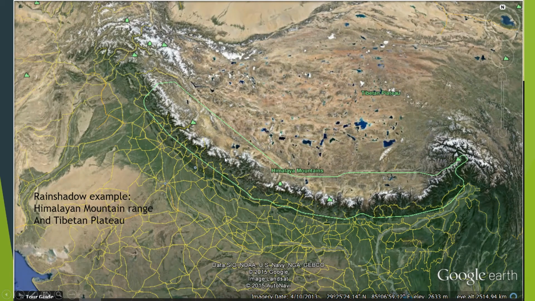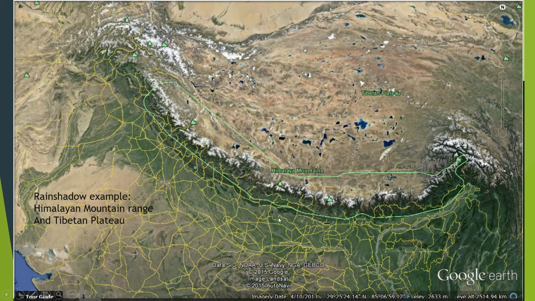A good example of the rain shadow is in the Himalayan mountain ranges. If you can see, on the south side, which is India and Bangladesh, these places are very fertile grounds, pretty much green.